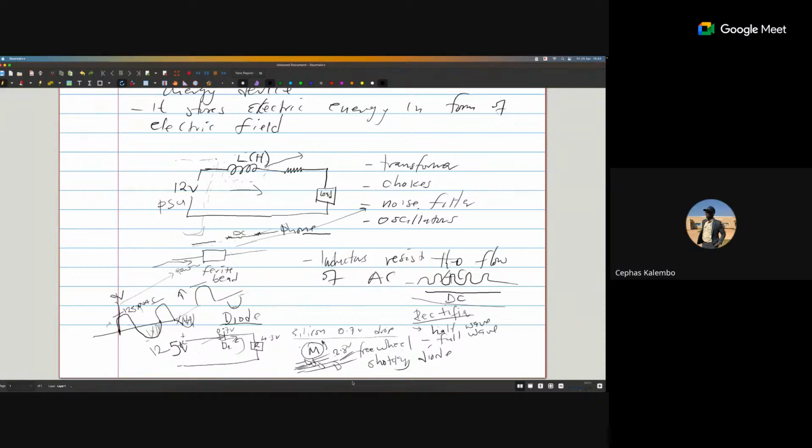This is a cell, this is another cell, and this is another cell. These cells can be as many as the design requires. This is a representation. We don't look for a solar panel that has just two cells.